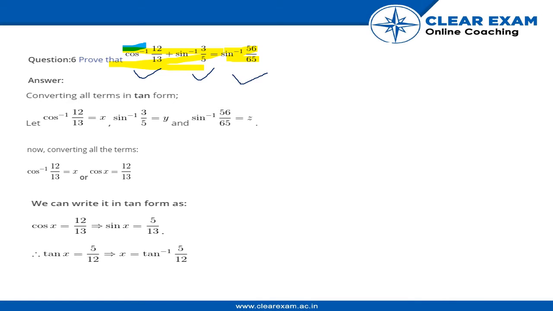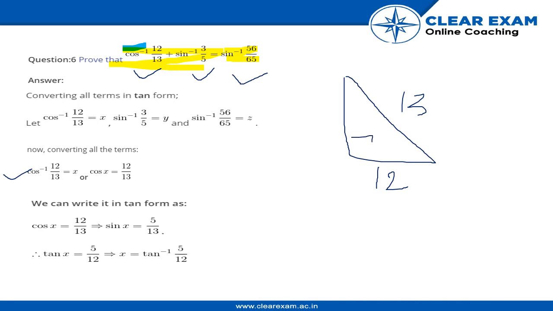So moving one by one to all the terms, let's take cos inverse 12 by 13 as the first term. I'll show you how to convert cos inverse 12 by 13 into tan inverse by the triangle method. They must have used the same way, but I think it's not that explanatory, so let me show it for you. We have cos inverse of 12 by 13. That means this side is 12, this is 13.